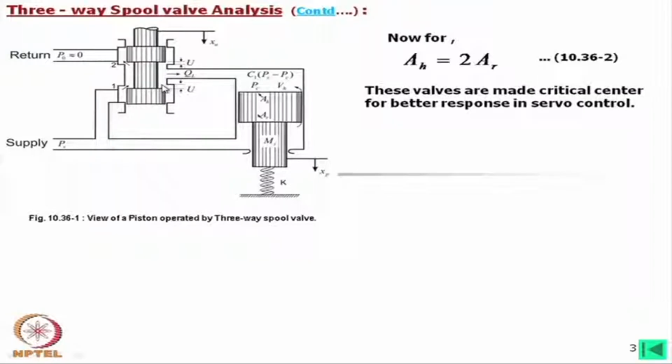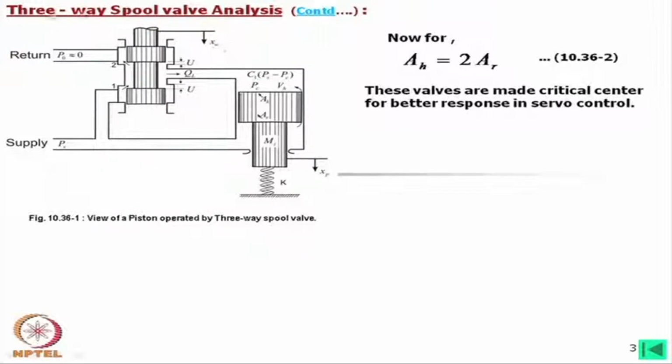And in fact, I would say matching these two dimensions in two different components is difficult, and normally in practice, if it is used for spool servo control valve, in that case the spool and this is called sleeve.